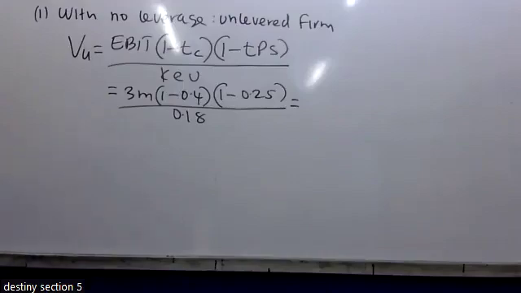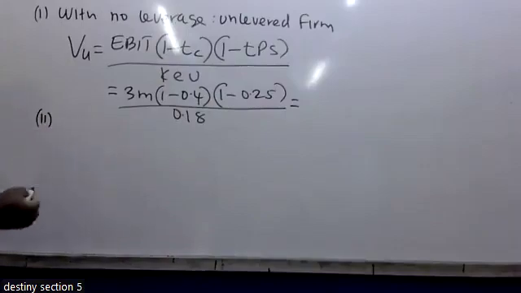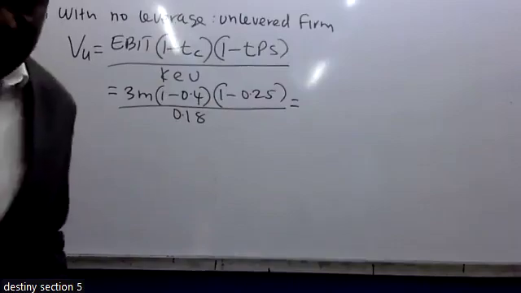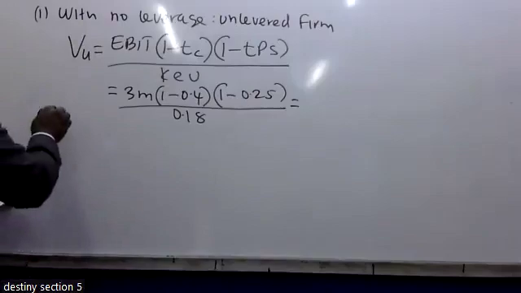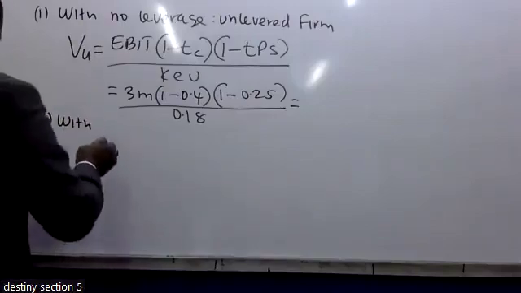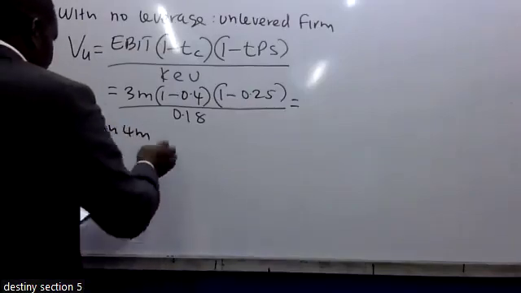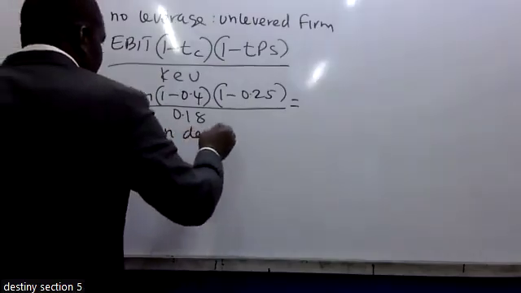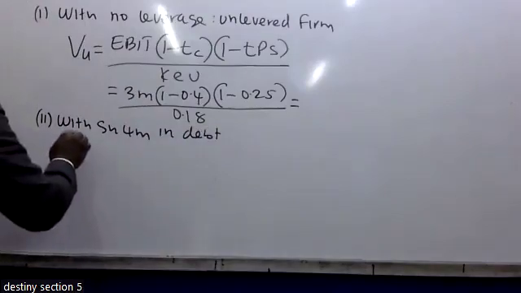So we go down to Roman letter 2. Roman letter 2 is with 4 million in debt. So now the firm is levered.